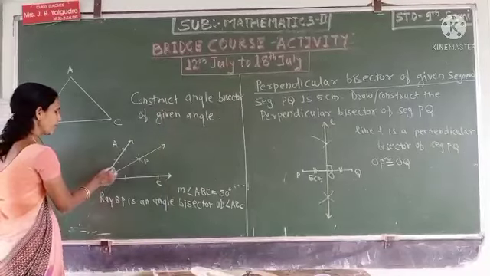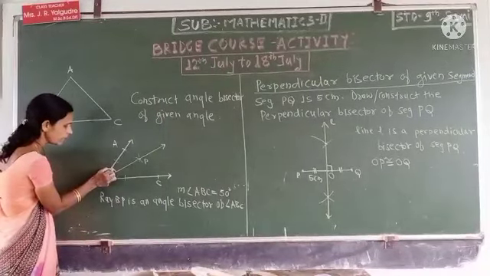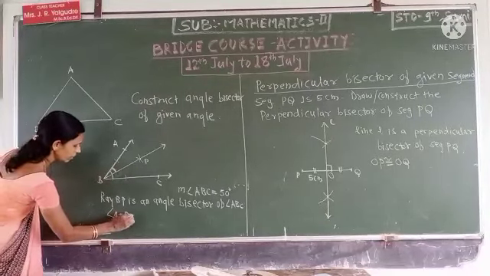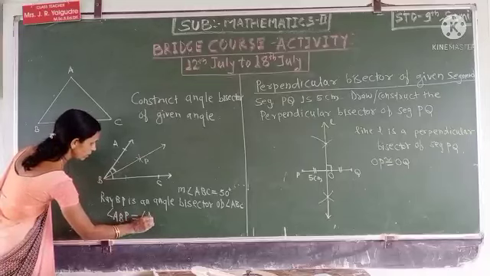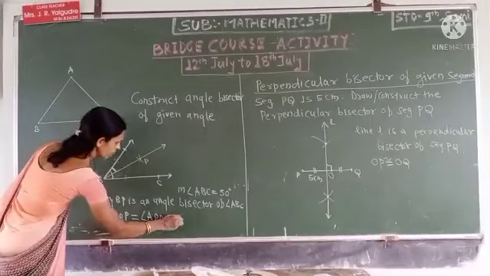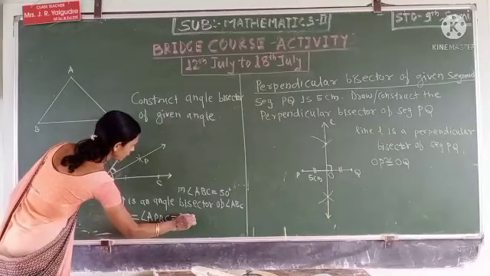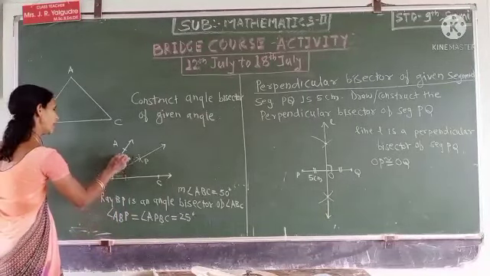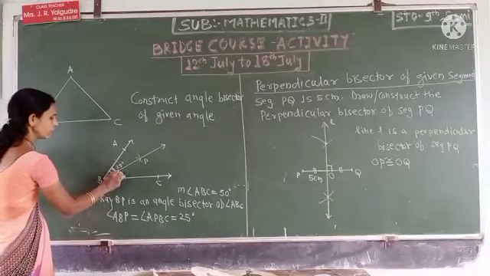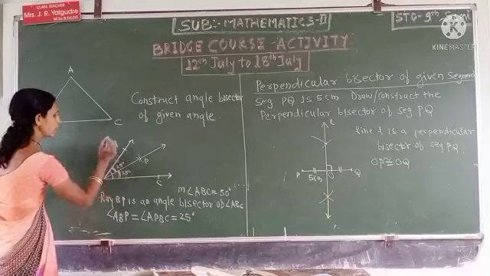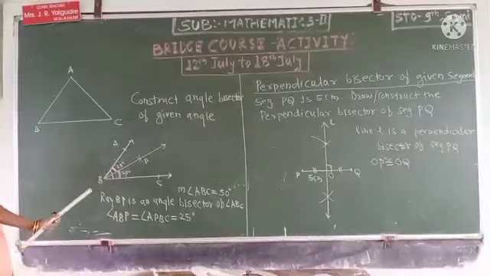And here, if we measure the angle, angle ABP is equal to angle PBC, that should be 25 degree. See here, angle ABP is 25 degree, as well as angle PBC is 25 degree.